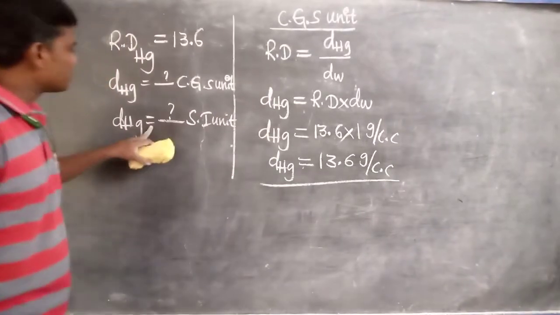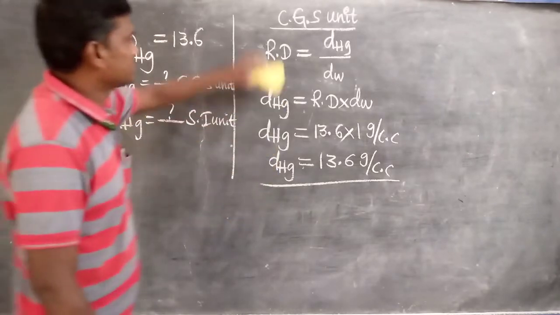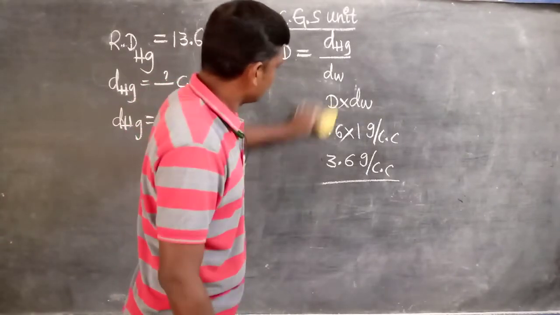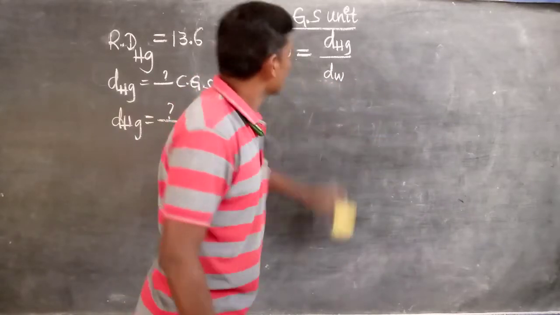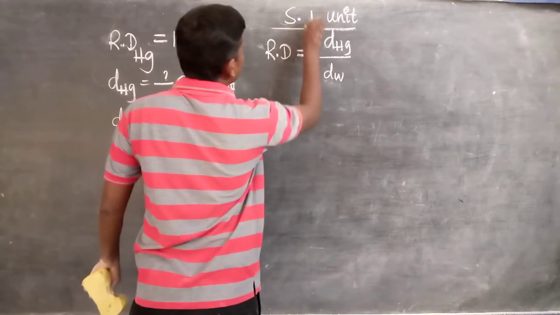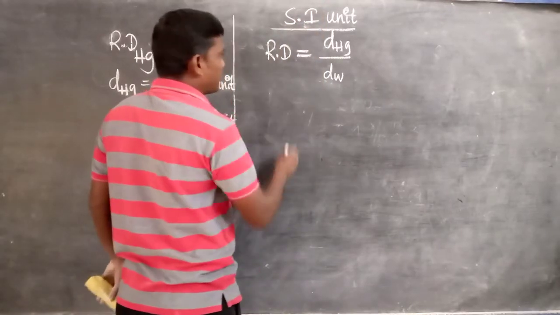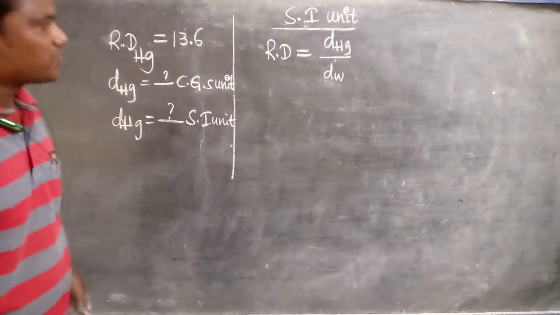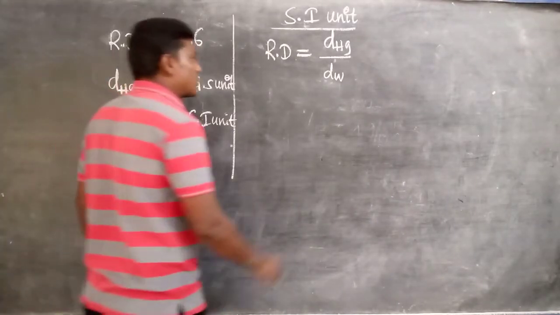Next, now we can find the SI unit. For SI unit, same. Relative density is equal to density of mercury upon density of water.